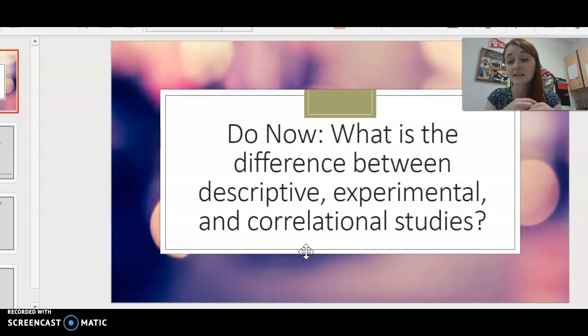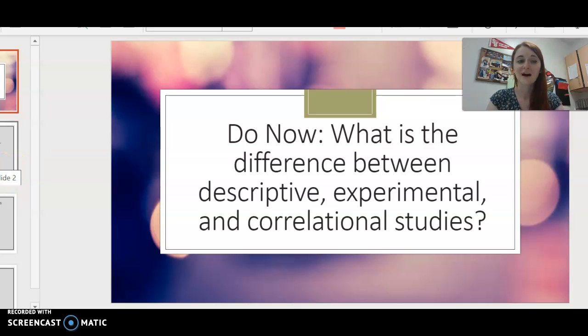And experiments are any time you are manipulating variables to find that cause and effect relationship. So, you need an actual variable that you're changing around and then seeing what happens as a result. And that's experimental. And I think that just kind of ties everything up nicely and that you might have a better understanding of the differences between those different types of studies.